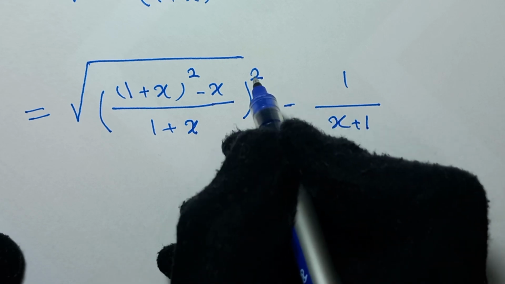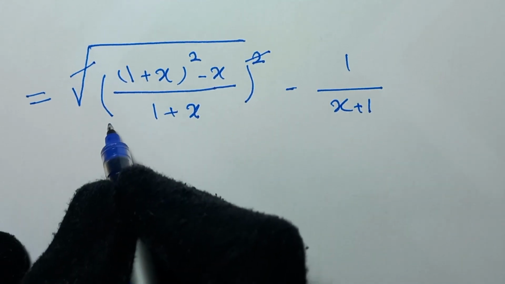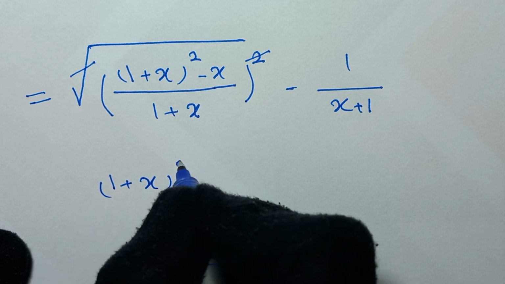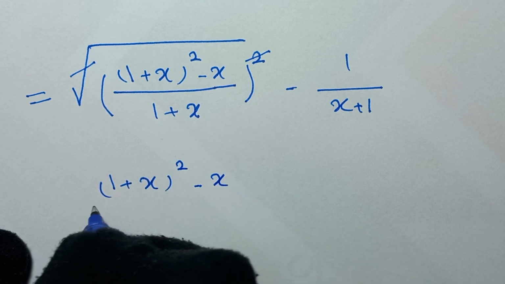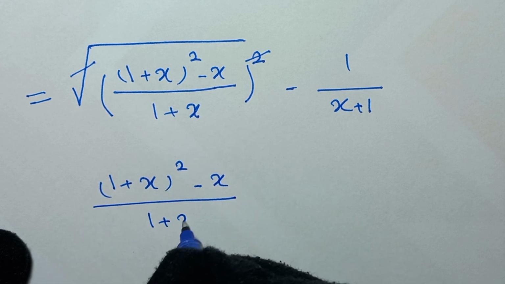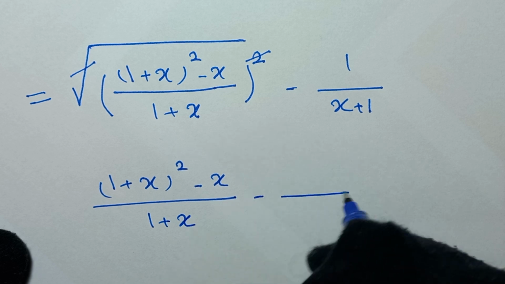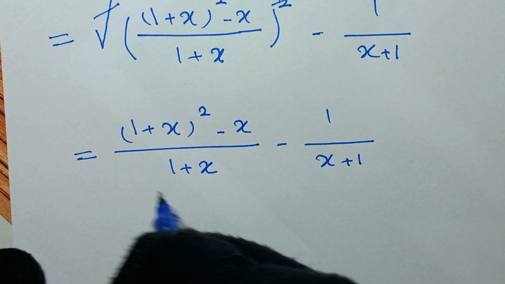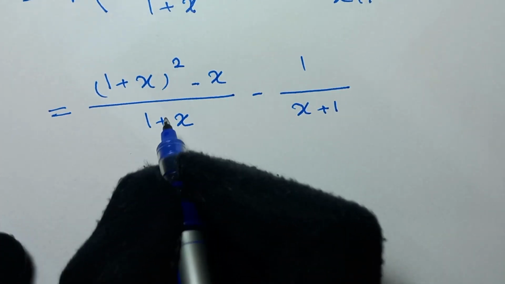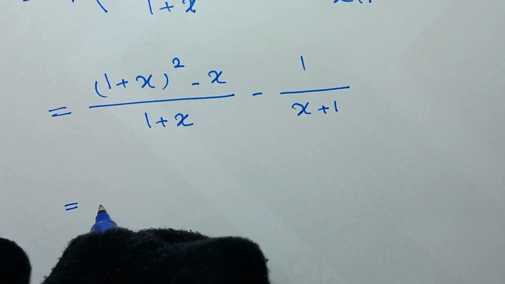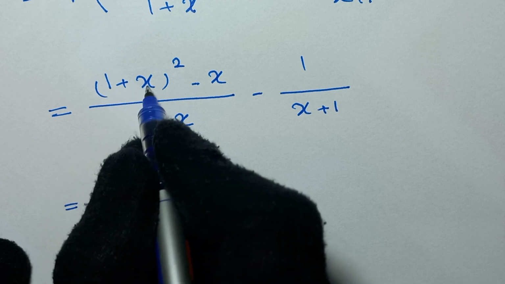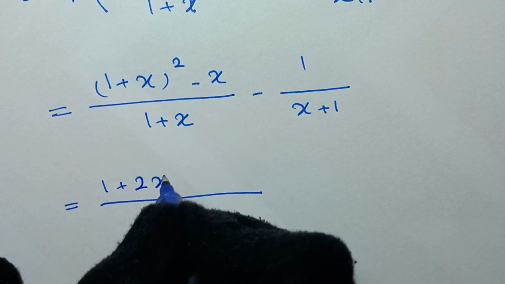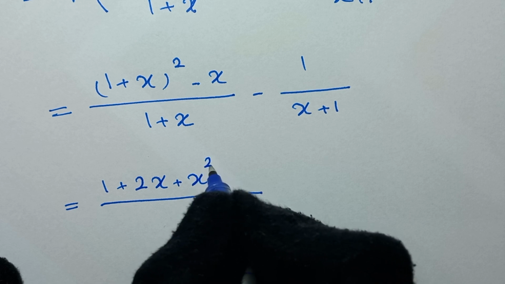And here, this power of 2 will cancel the square root, and it will be (1 plus x) to the power of 2 minus x over 1 plus x, minus 1 over x plus 1, right? And this is equal to (1 plus x) to the power of 2, which is 1 plus 2x plus x squared, right?